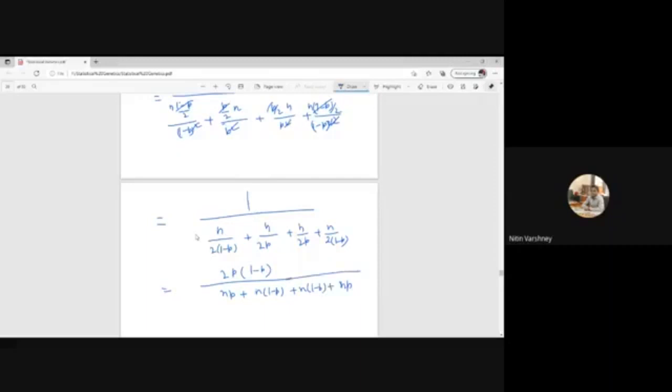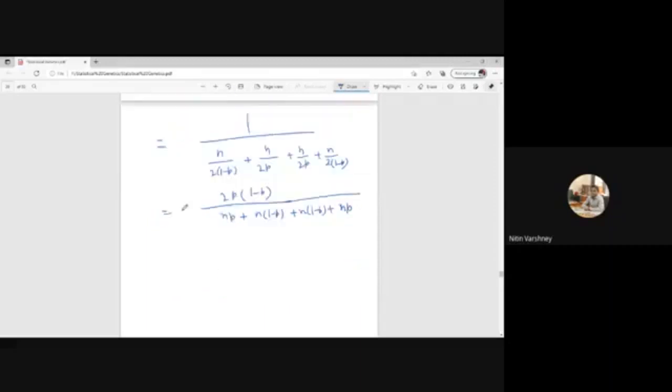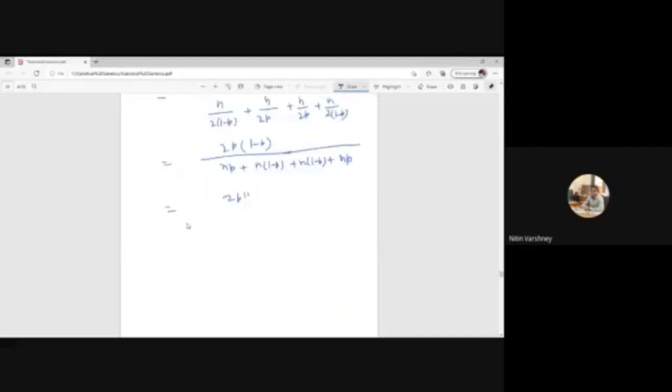If there is any mistake, stop me. So this will be 2p 1 minus p upon np plus n minus np plus n minus np plus np. This cancels out. What remains now? 2p 1 minus p upon twice n. This will cancel out. So the variance of p hat is p 1 minus p upon n.